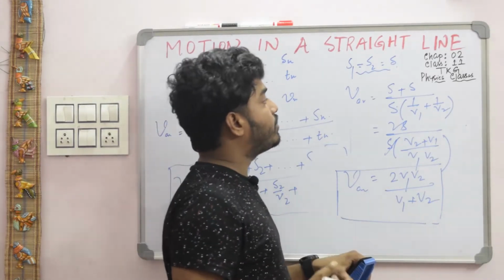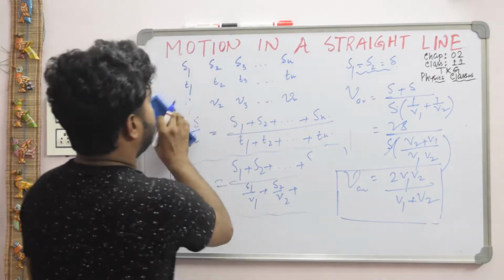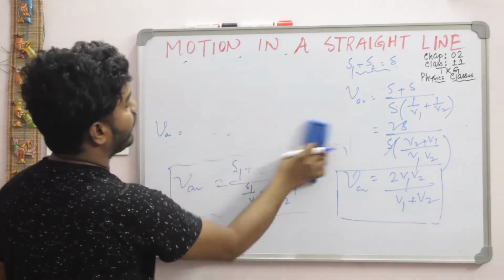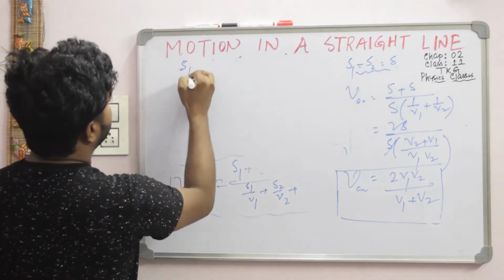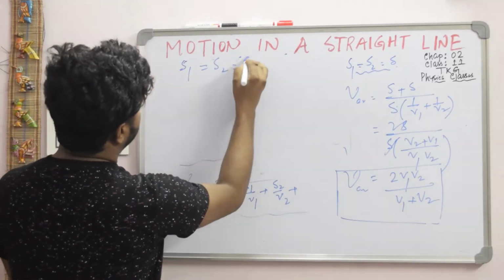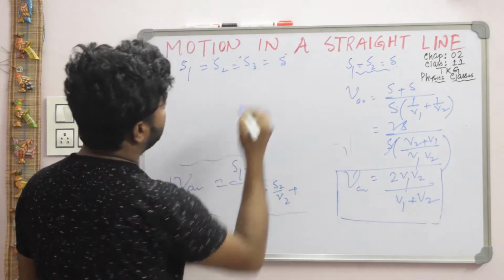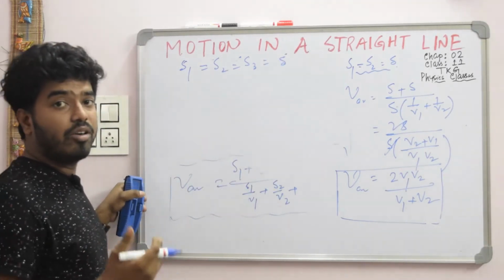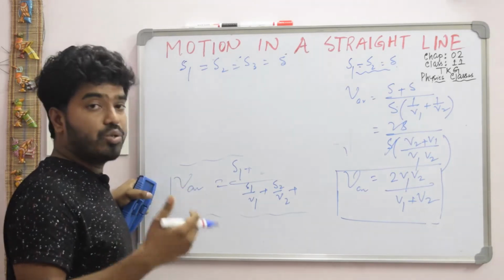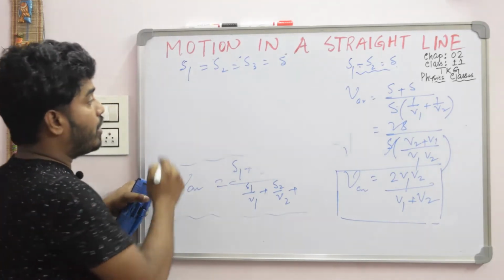Now solve it for three cases. Suppose s1 is equal to s2 is equal to s3, that is equal to s, that is, the distances travelled by the body s1, s2 and s3 are equal. So what will be the formula?